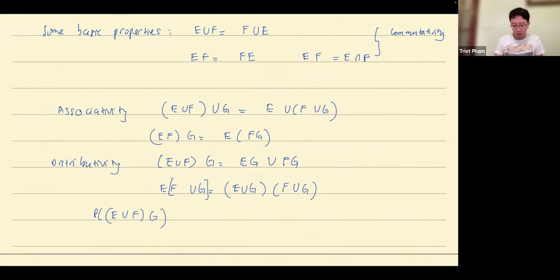Now, it might be hard to operate with this because you will learn that the probability of an intersection of two sets is not something that's very easy to work with. But if you use distributivity, and you know that this is EG union with FG, then you can use the union law of probability to work it out.